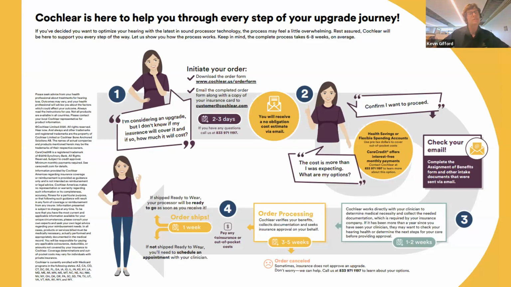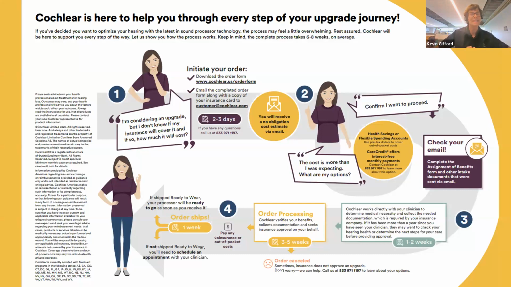Once it is booked, the process usually takes 6 to 8 weeks. And that's another big question: why does it take 6 to 8 weeks? All insurances for an upgrade order require documentation signed by your audiologist and your ENT, your MD, or your PCP. Cochlear gets all of that documentation ready for you, and we send it off to them.